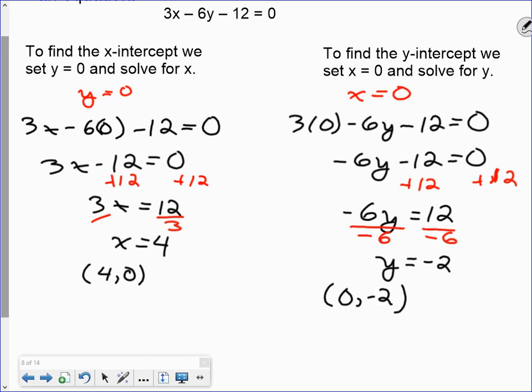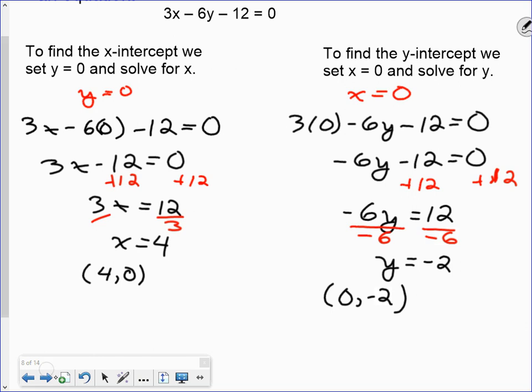So usually what they want you to do with this is use these intercepts to graph your equation. So they'll give you the equation, they'll ask you to find the intercepts, and then use them to graph. So let's try one of those.